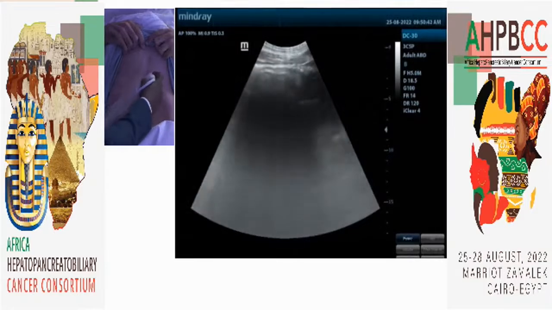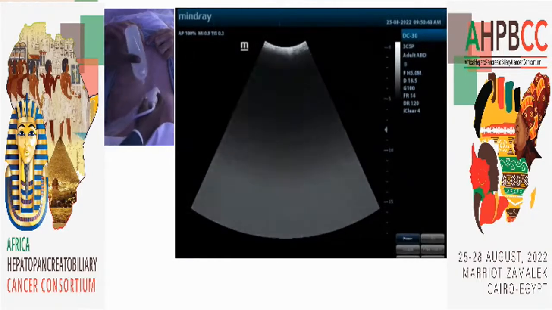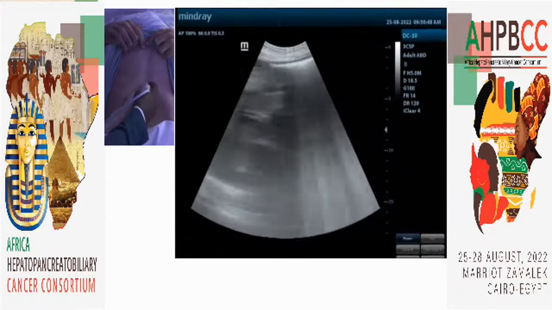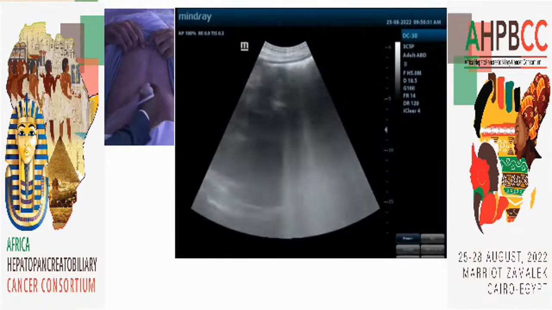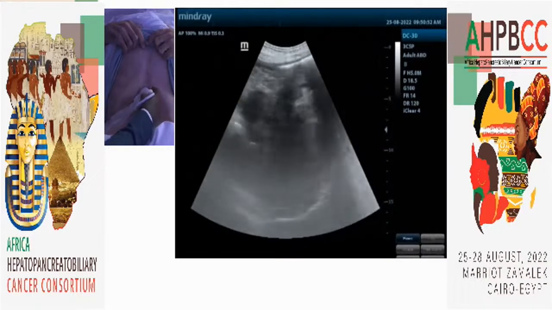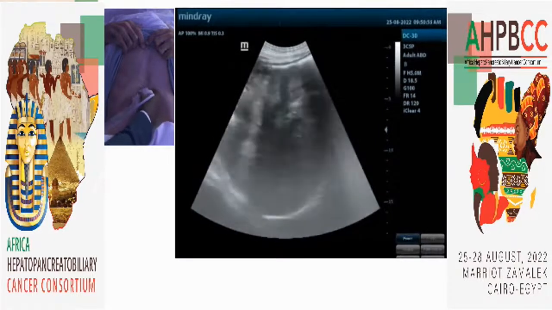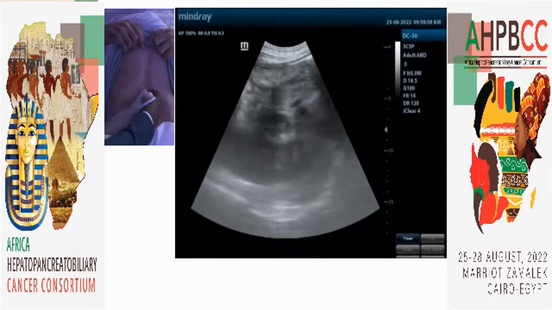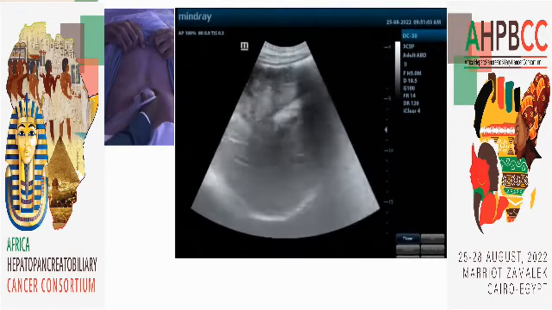And don't forget to use enough gel for firmer contact with the skin. This is a good point. You might also need to ask the patient to take a deep breath in or push the tummy out to enable you to visualize the structures.